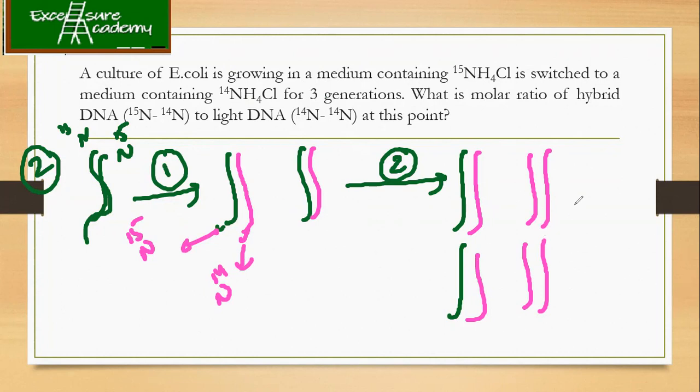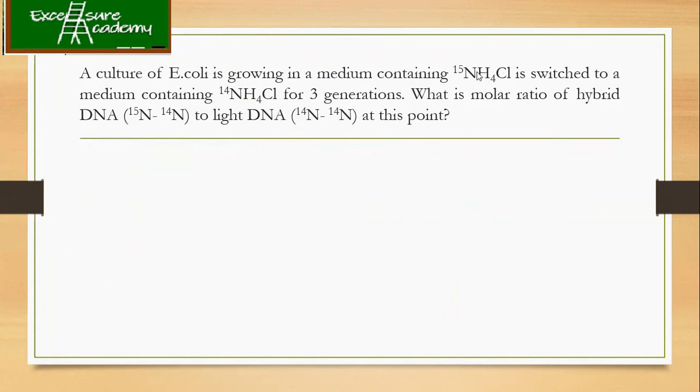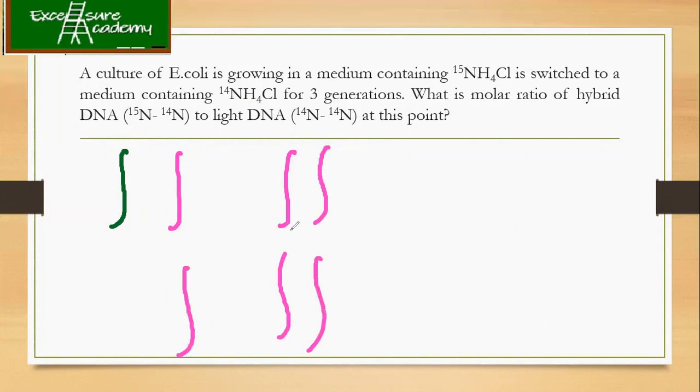Now let's go to the third generation. So what will happen in the third generation? Again, we have 1, then this one, then we had both the single stranded, sorry, the light chain, and also the heavy chain, okay.